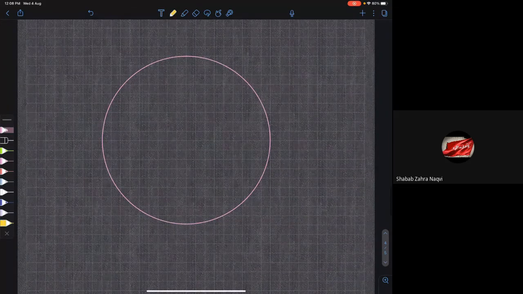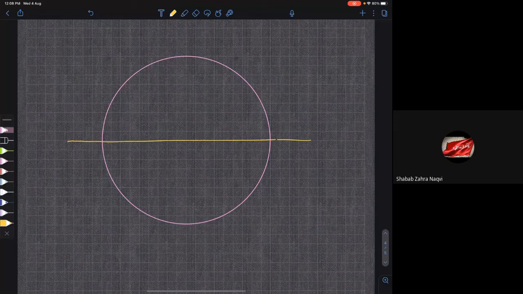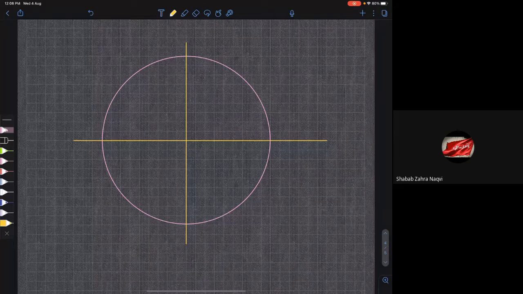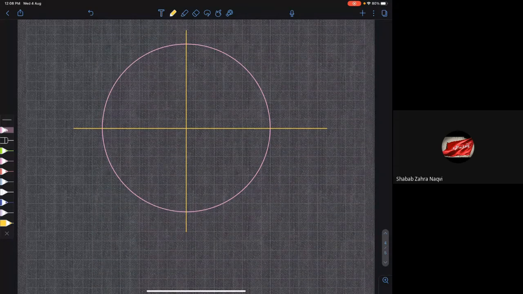So let us just draw Cartesian coordinates for reference. So this is the x-axis and this is the y-axis. And the particle is supposedly moving in the anti-clockwise direction. So I'll draw that.